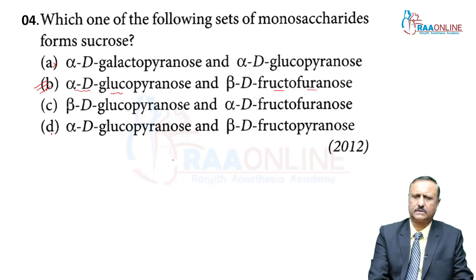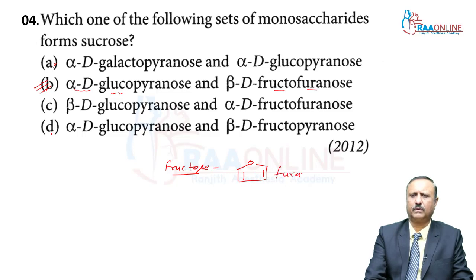Here this is a furan ring in fructose. When you get the furan ring in fructose, this is a furan compound. This type of ring is present in fructose.